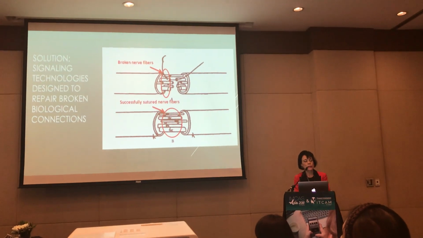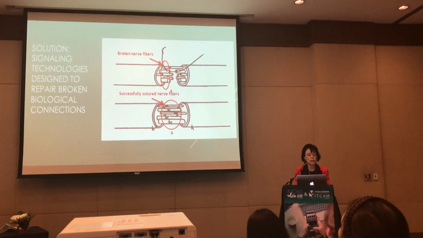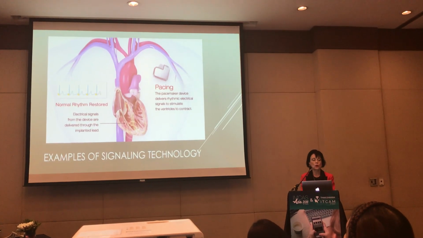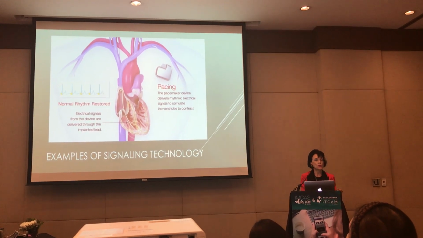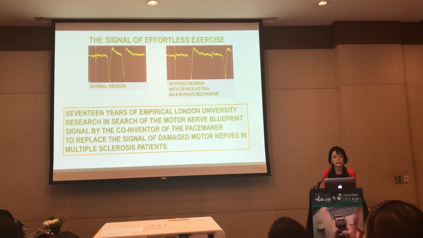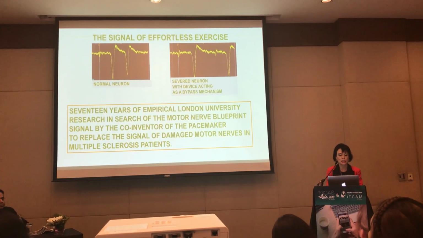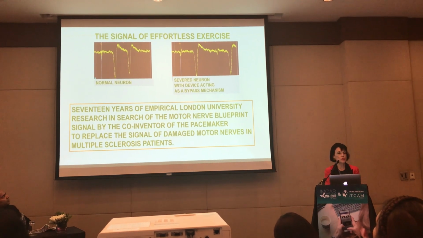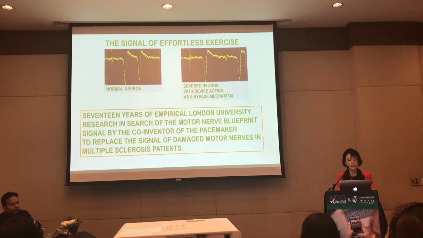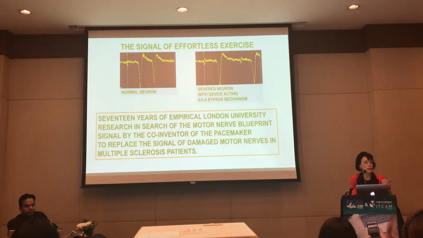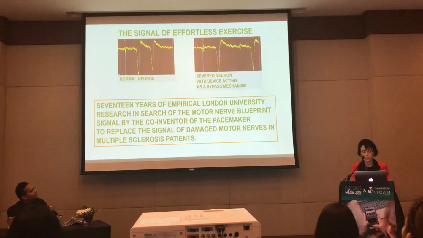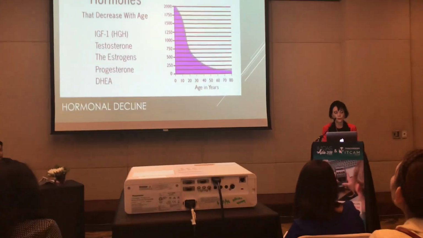The solution is signaling technologies designed to repair broken biological connectors. One of them is the pacemaker that replaces the signal of the pacemaker cells, and another one is the signal of the effortless exercise. It was made by the same people that invented the pacemaker at London University after 17 years of research, and then another 10 years of research working on this type of technology.